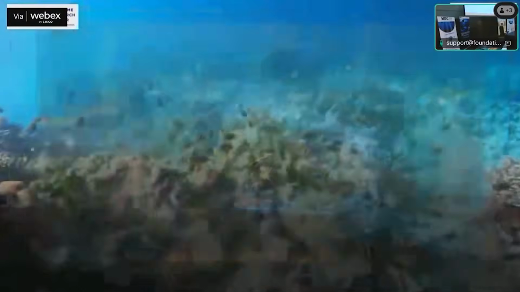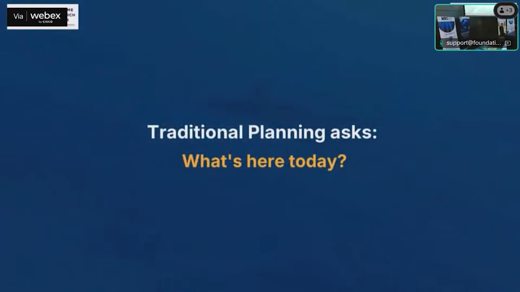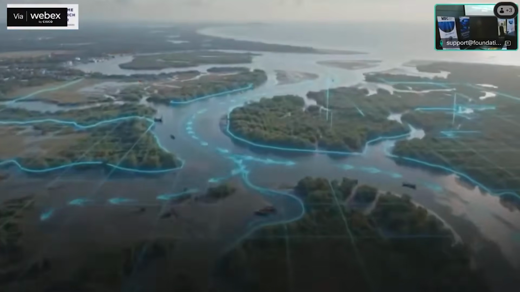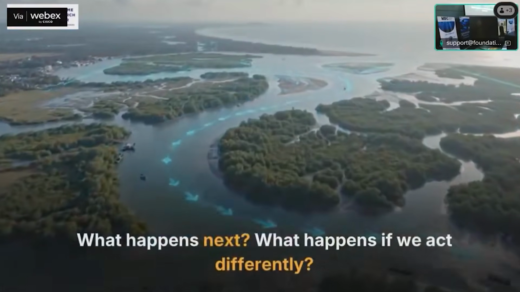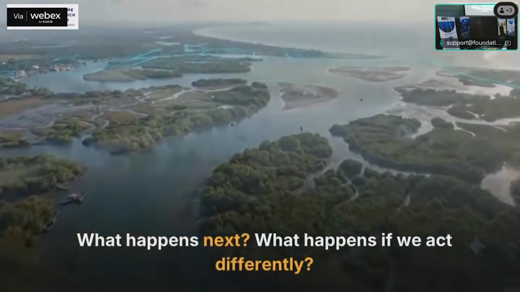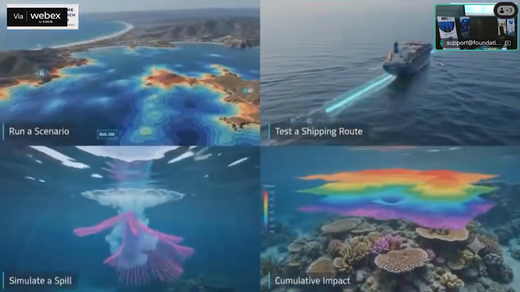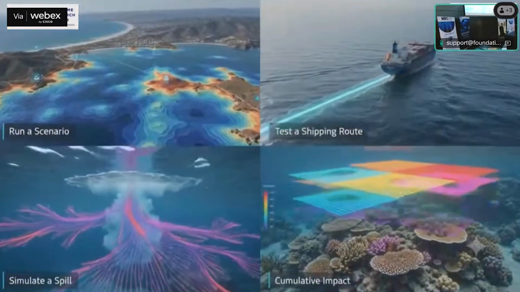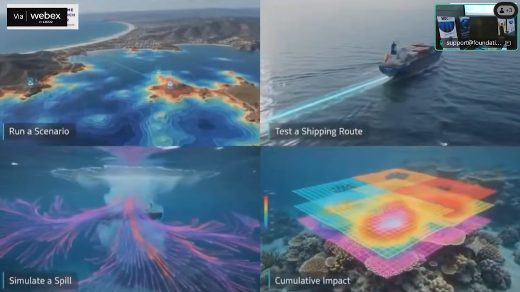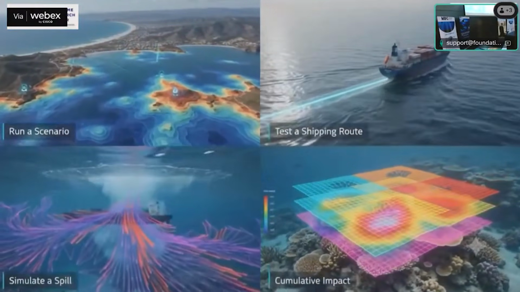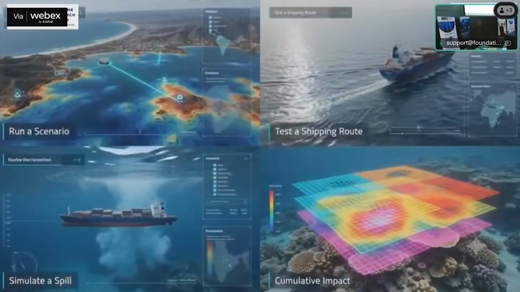Traditional planning asks, what's here today? The Neerdwani MSP Toolkit asks, what happens next and what happens if we act differently? Run a scenario, test a new shipping route, simulate a spill before it's real. See the cumulative impact of 5 pressures stacked on one reef before a single permit is signed.